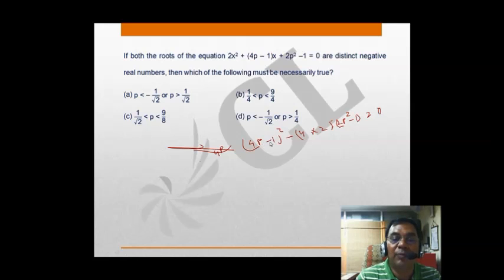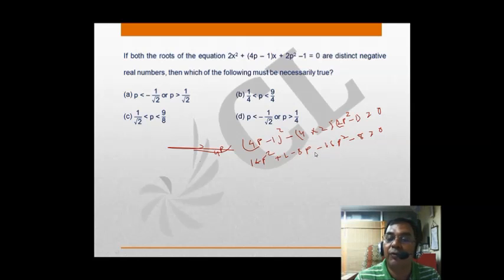So I'll be going 16p square plus 1 minus 8p. Now here we'll say 8 minus 16p square. Minus 8 is greater than equal to 0.